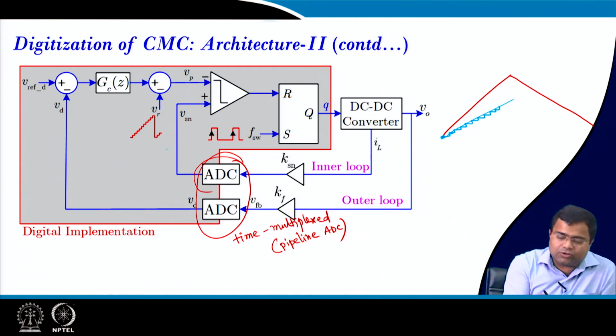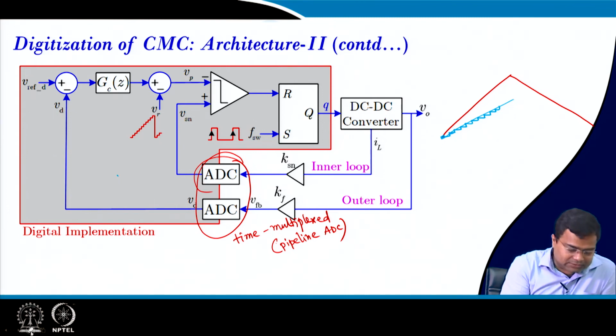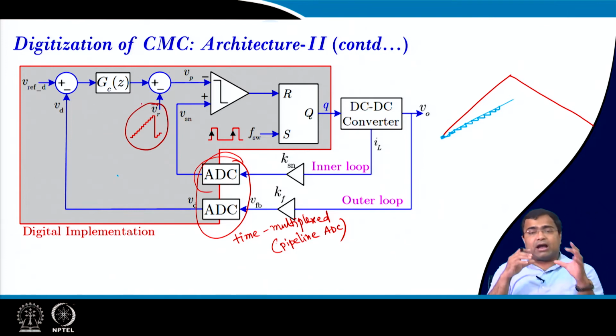So this block would be a ripple emulator. There will be an additional block, which has to be a ripple emulator. Actually, this ripple emulator job is done by this sawtooth, so it is not needed, because either you add the ripple to the current sample or you subtract the ripple from the current reference. So, they are analogous.